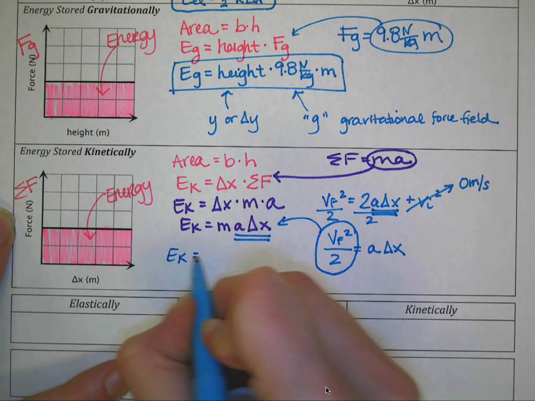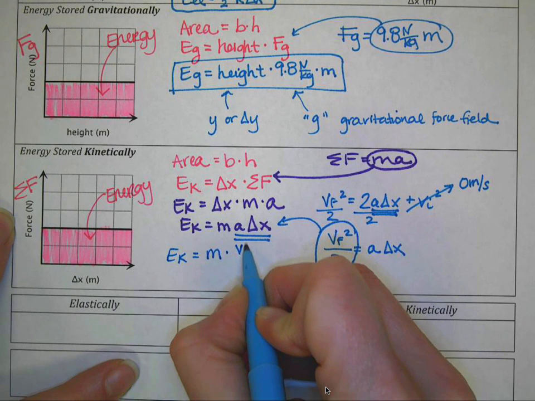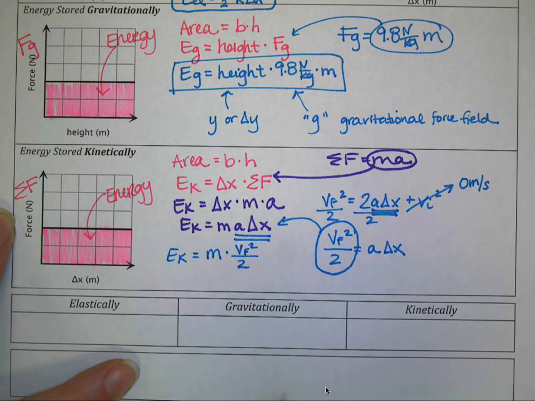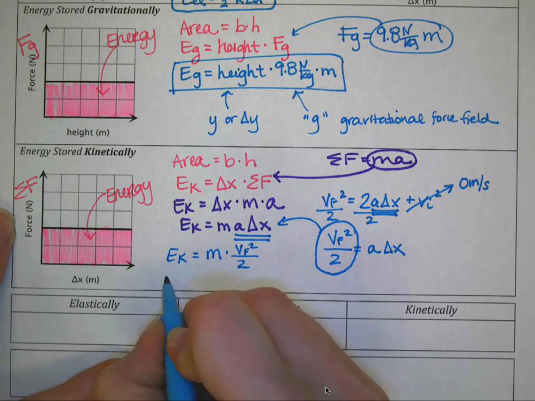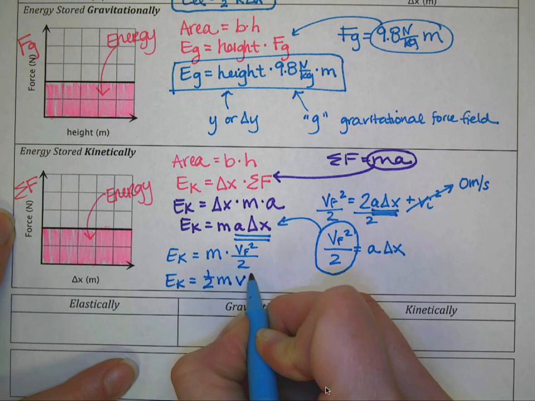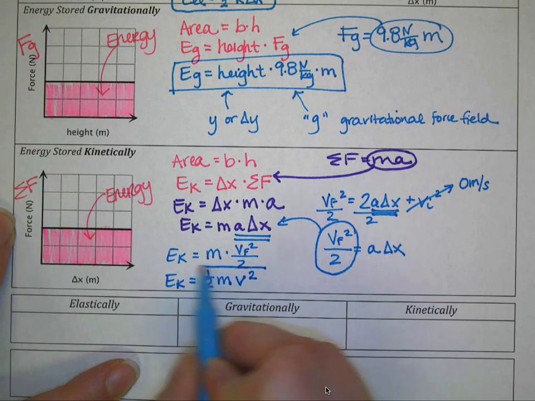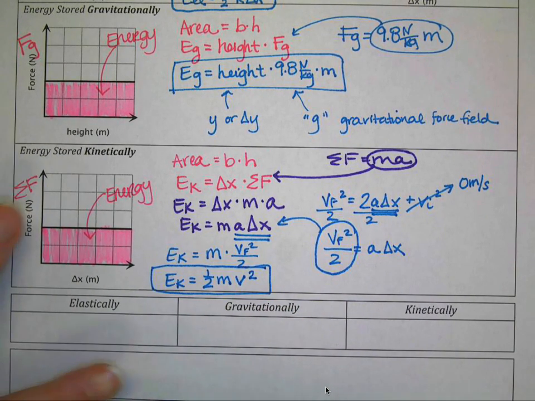That gives me energy stored kinetically is equal to mass times Vf squared over 2. Rearranging this, I don't usually like 2 as a fraction on the bottom, but more as a coefficient. So energy stored kinetically equals 1/2 times mass times velocity squared. We usually drop that final velocity. And that is the equation for energy stored kinetically.